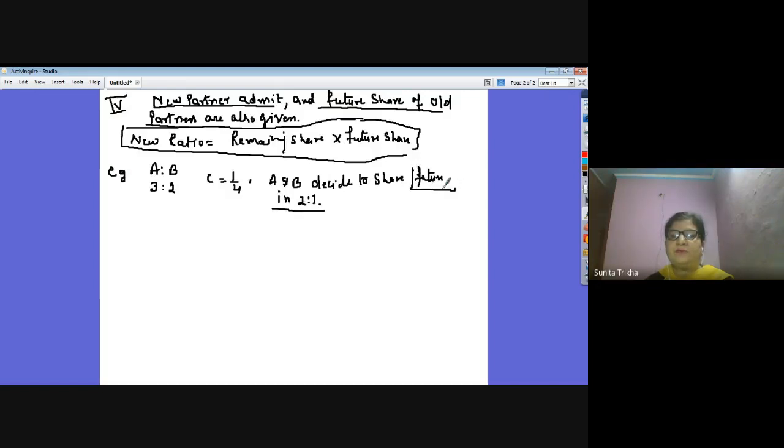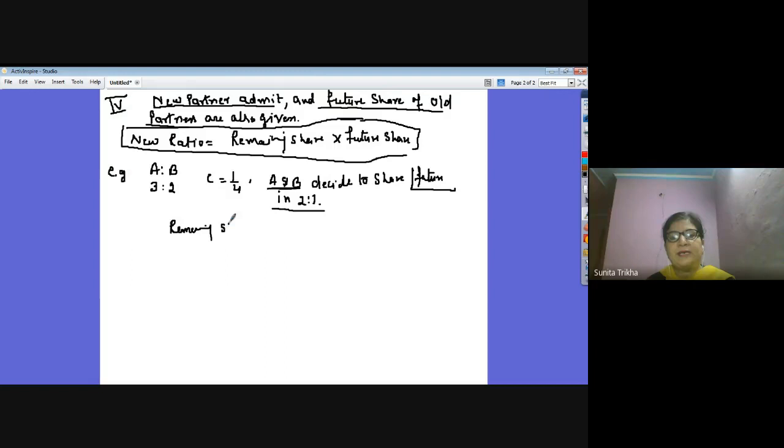It means future shares of old partners is given to you. Then how to calculate, which formula you will apply? New ratio equal to remaining shares multiply by future shares.